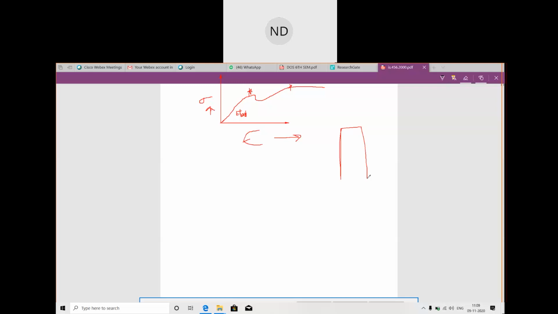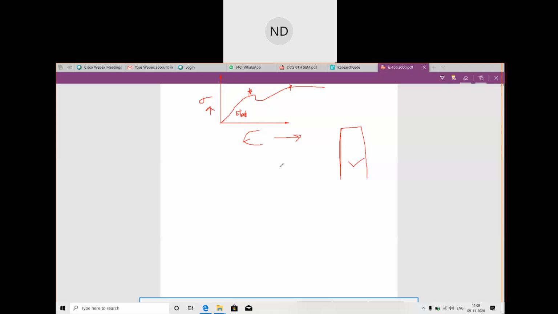That means the maximum load your structure can take depends on the plastic analysis. Suppose in a steel frame, the maximum moment carrying capacity of the beams or frames can be found only by plastic analysis, because steel can yield.